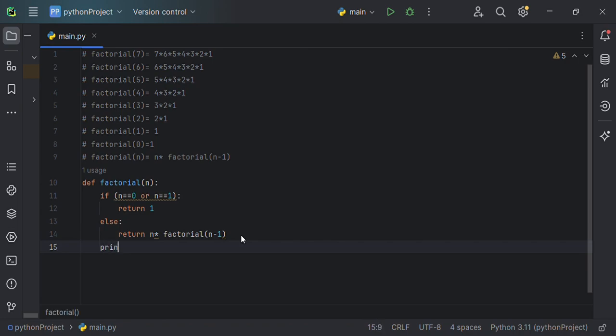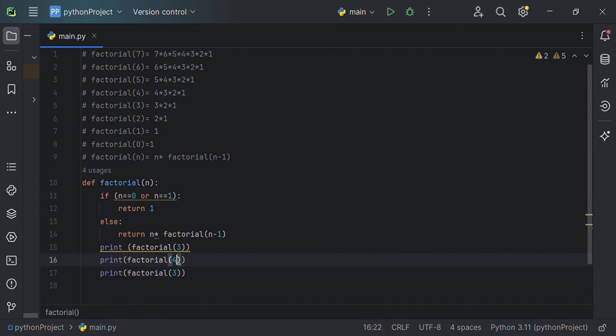Then print factorial of 3, and same like this, factorial of 4, and 5 also.